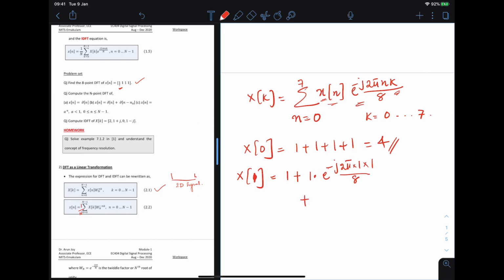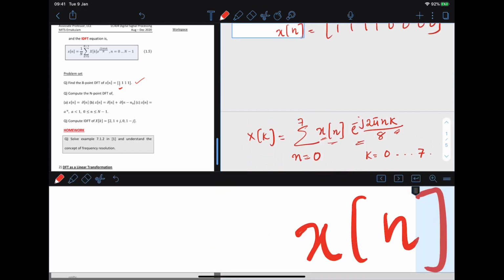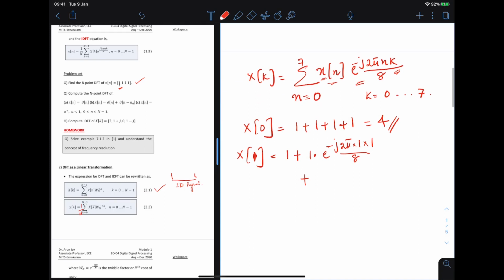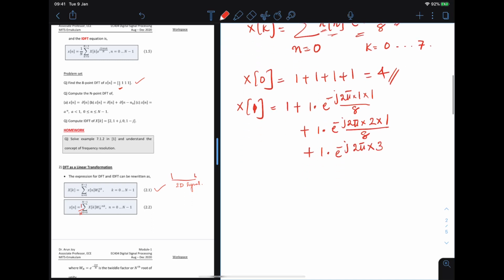plus the third, n equal to 2 case. So in that case, it will be 1 into e raised to minus j 2 pi into 2 into 1 by 8, plus the next sample, 1 into e raised to minus j 2 pi into n equal to 3, 3 into k is 1 by 8, plus the rest are all zeros, because x of n equal to 0 after that.